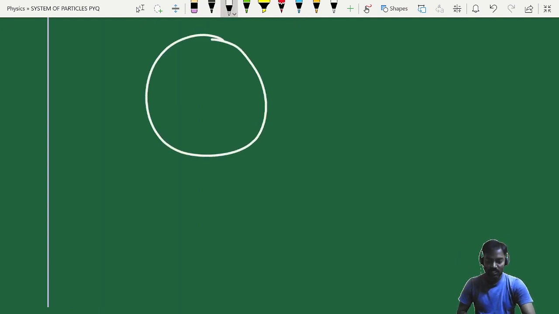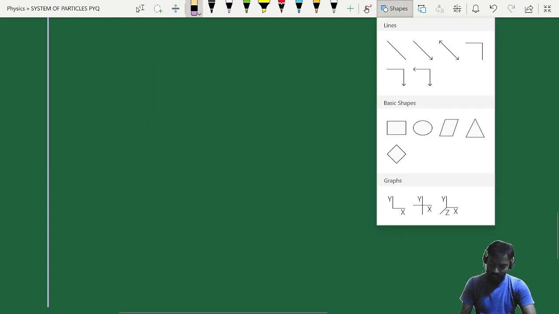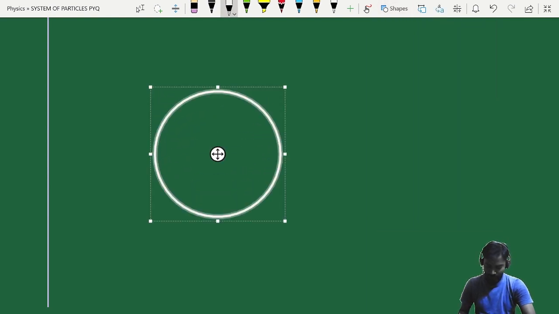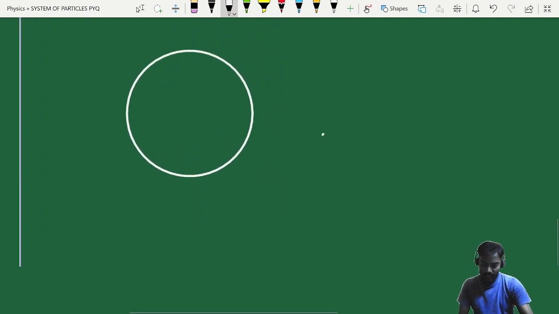This is the original disc. So from this original disc, they have removed a portion.